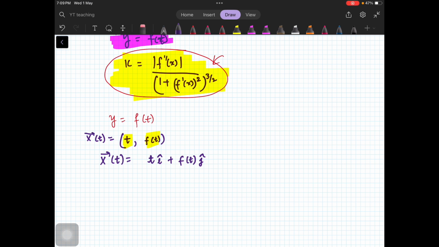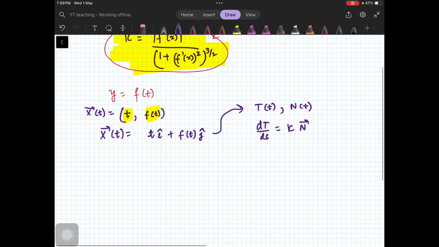Now if I ask you to calculate the curvature using the vector calculus which we are doing, you will try to find the T vector, the unit tangent vector, and then find dT by ds, which is equal to kappa times the normal vector. So, you have to find the T vector and the N vector, right. We already know how to find the T vector.